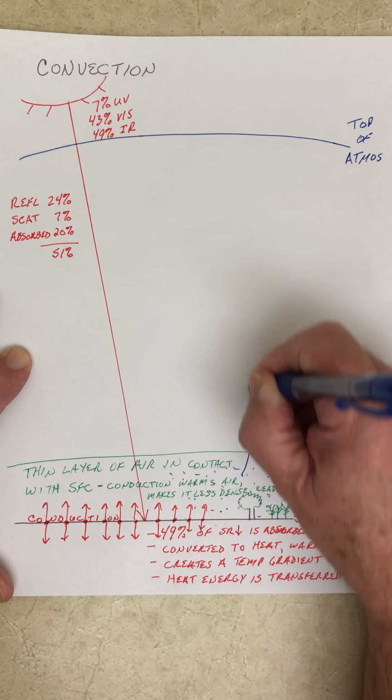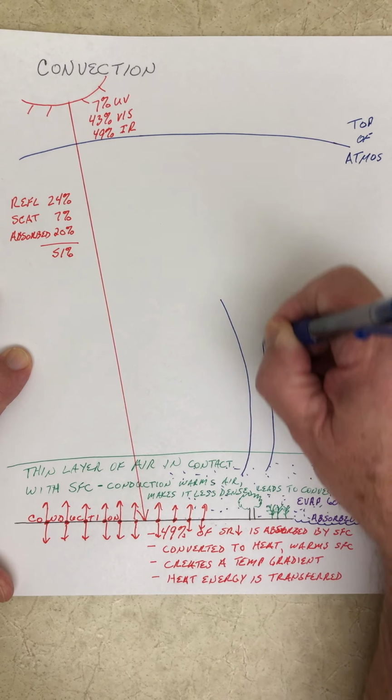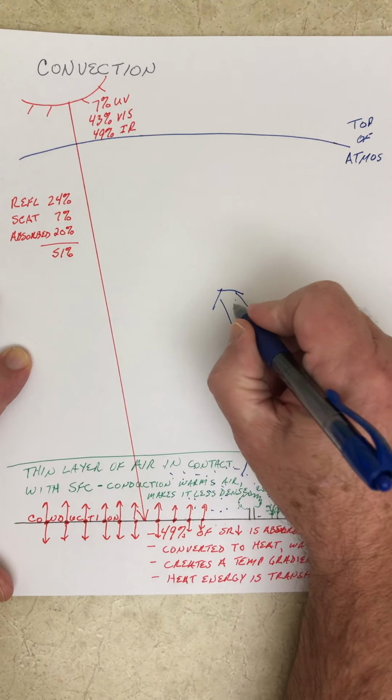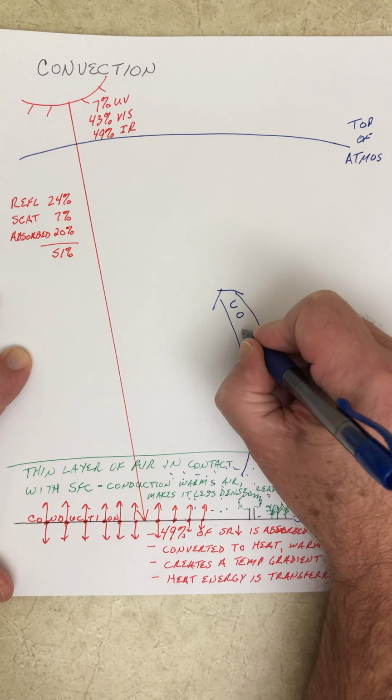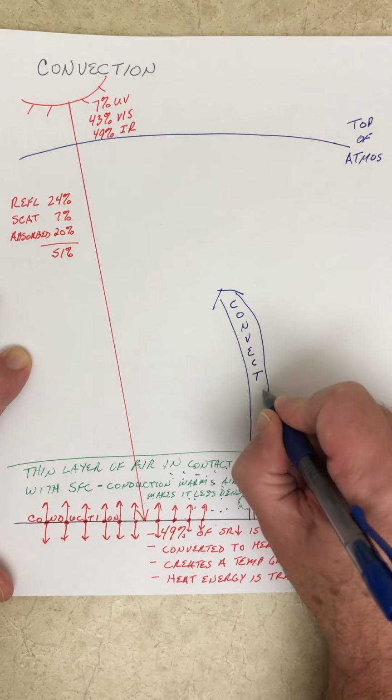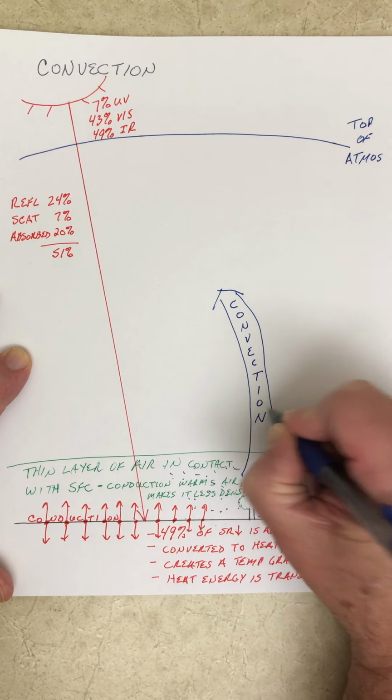And so remember that here we go with convection. So that's what we're talking about here. This whole figure is all about convection taking place. One way to get air to rise is through convection.